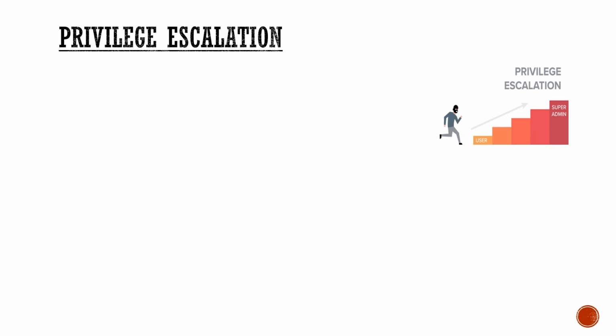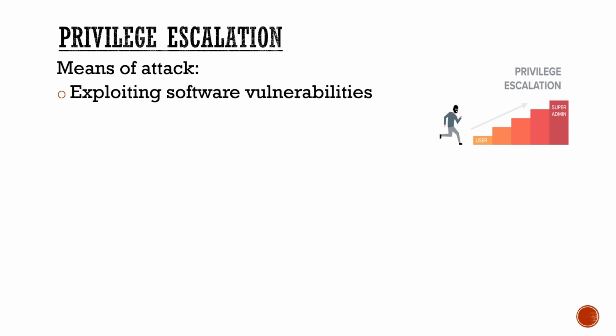Privilege escalation attacks can happen through various means, which includes exploiting software vulnerabilities, wherein an attacker can exploit security flaws in the operating system or applications to execute and gain elevated privileges. We also have misconfigured access controls.